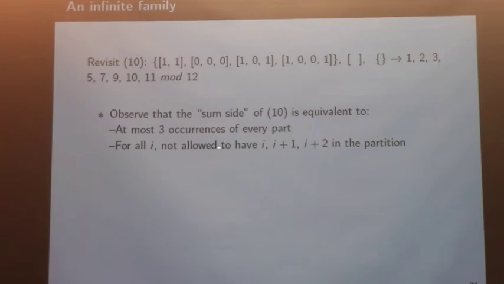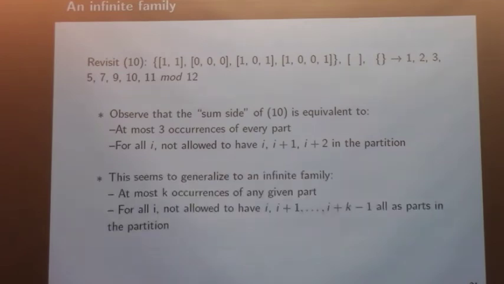And for all I, not allowed to have I plus 1, I plus 2 appearing in the partition at the same time. They don't have to be consecutive, but they just don't get to appear at the same time. That comes from the remaining patterns, 1, 1, 1, 0, 1, 1, 0, 0, 1, and also this one. Actually I won't go through that, but just trust me that that's it.